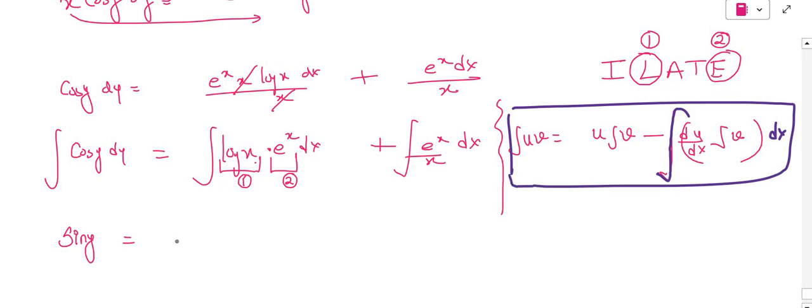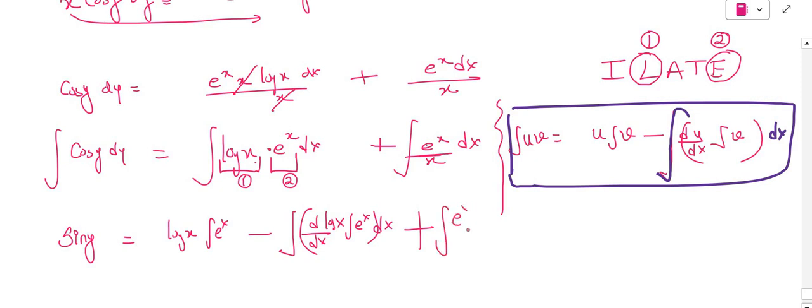Correct? So I am using it here. So log of x as it is, integration of e^x minus derivative of log x, integration of e^x dx plus this we will sort later. Okay, we will see it later. Let's just copy it.